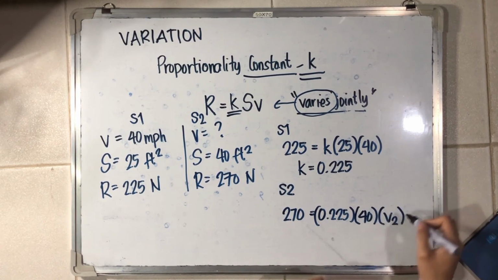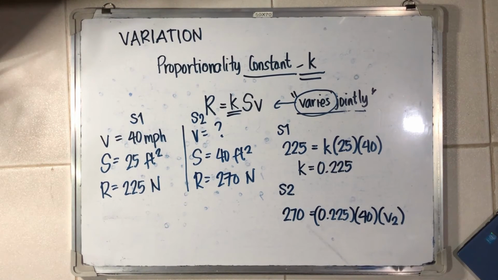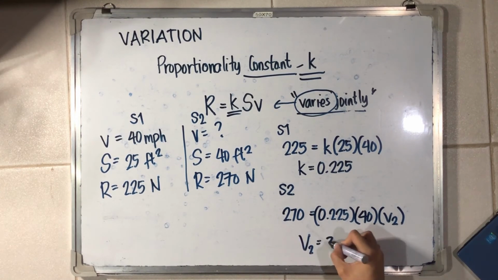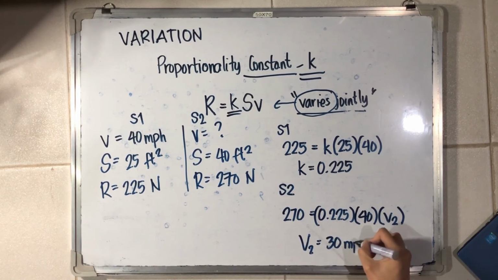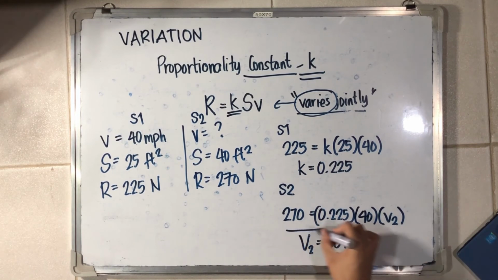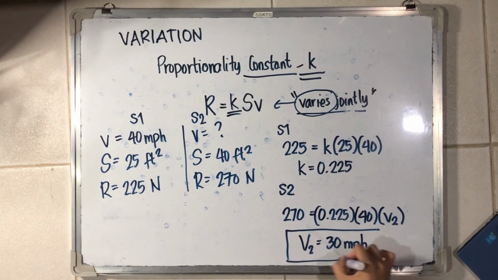I'll write it as V sub 2. So we have 270 divided by 0.225 divided by 40. That would give us a velocity of 30 miles per hour. So this is our final answer.